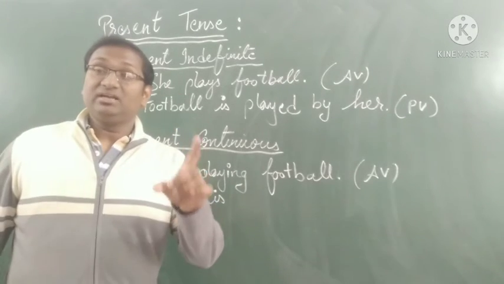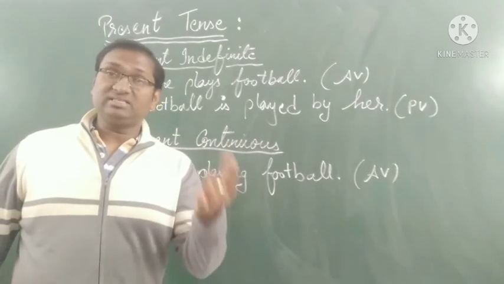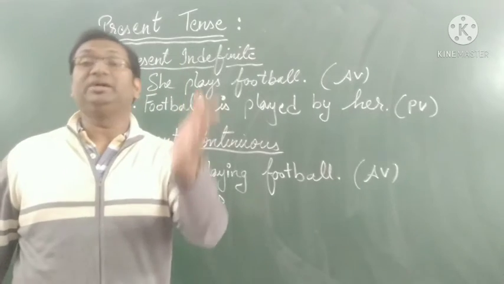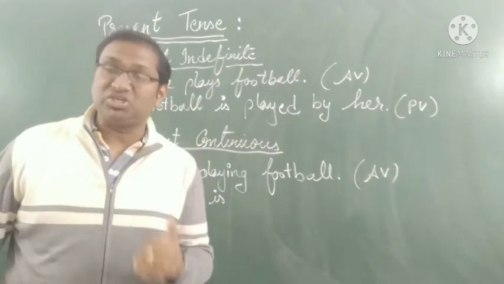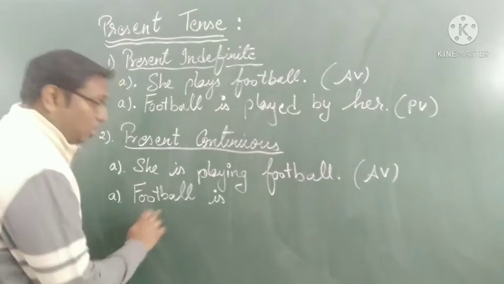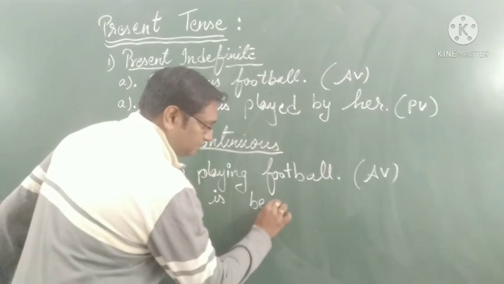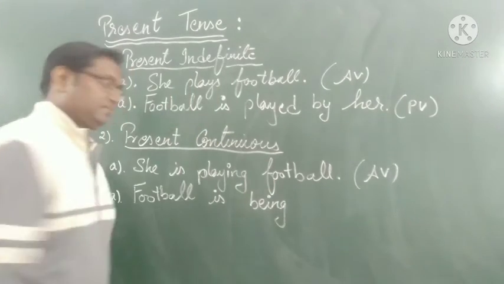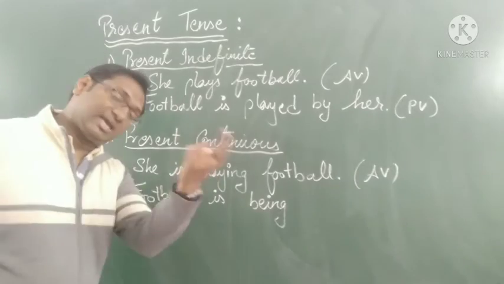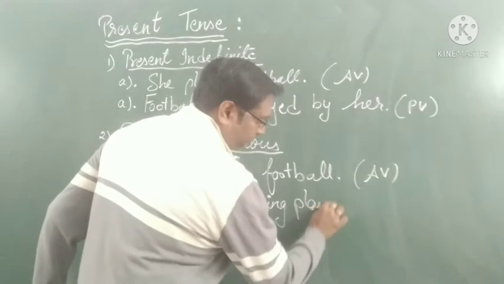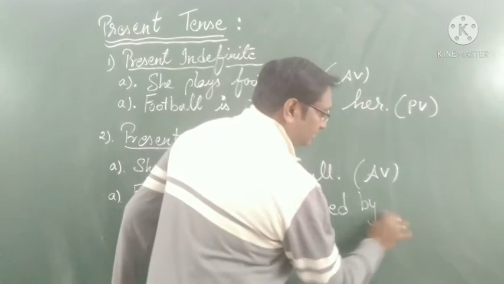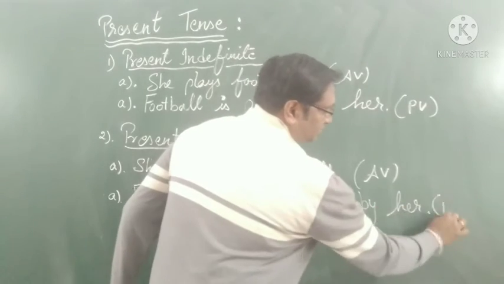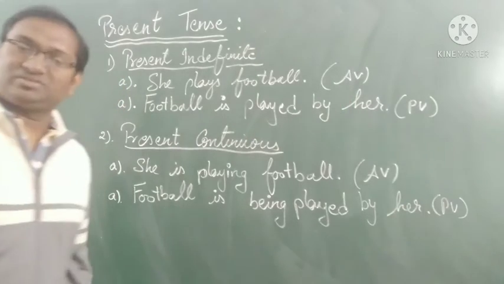Now in the chart, the is, am, are of present continuous will change into is, am, are plus being, B-E-I-N-G, being. So football is being. Playing will change again to the third form, played by her.